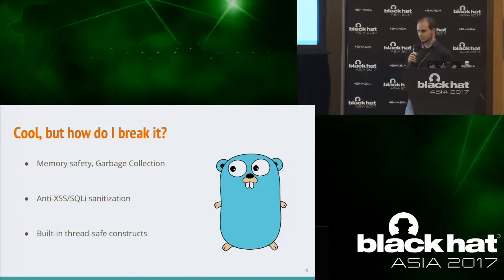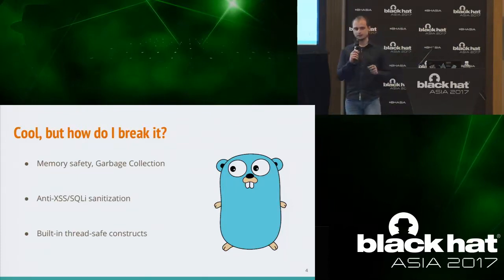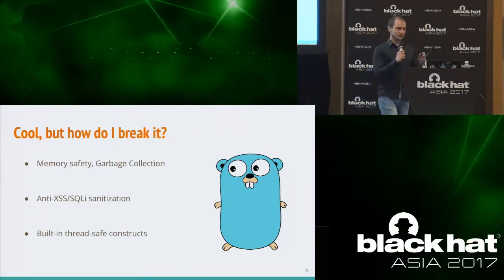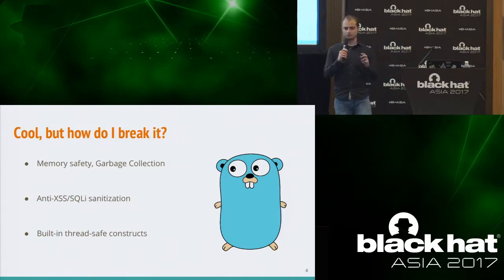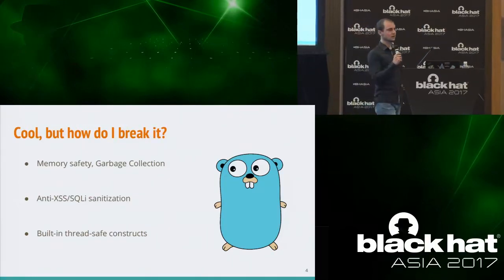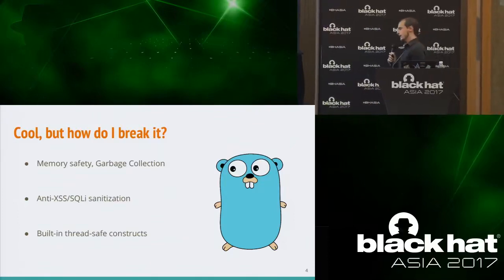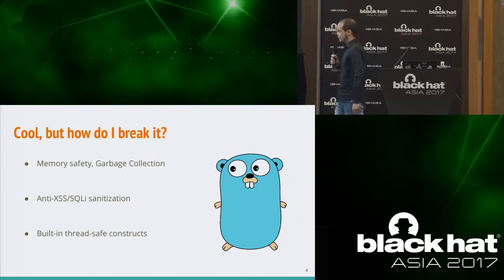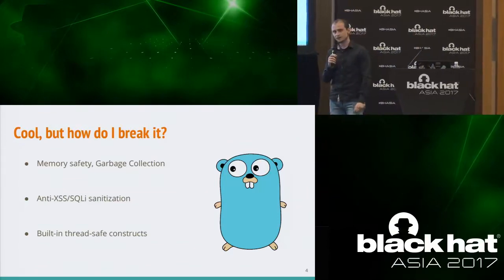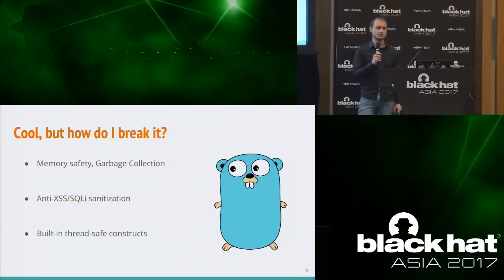So I went to look into it, and except for the complete lack of anti-CSRF token, there is a pretty good anti-XSS filter. There is SQL prevention, so you're very unlikely to find those two. And lastly, it has built-in thread-safe constructs and data structures. So I didn't expect to find many race conditions either.